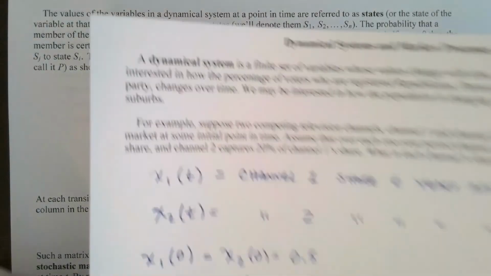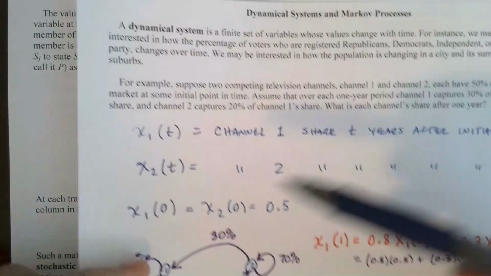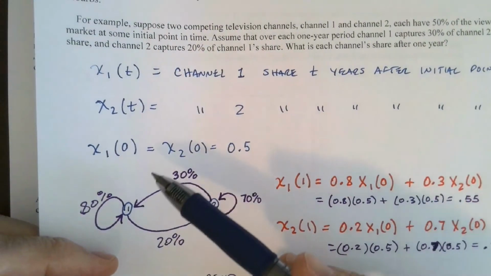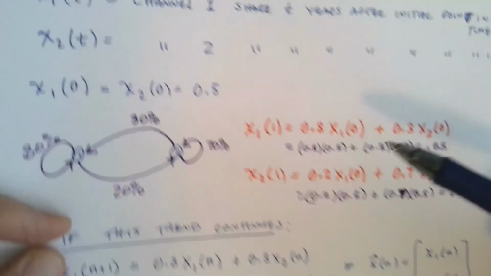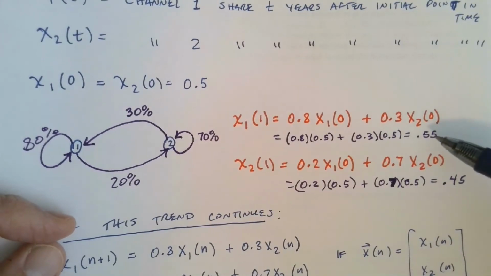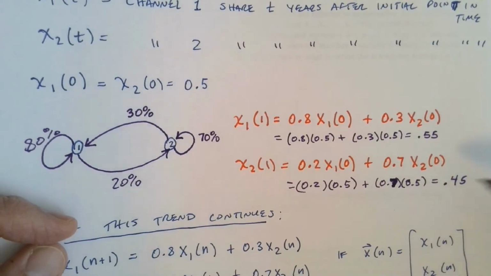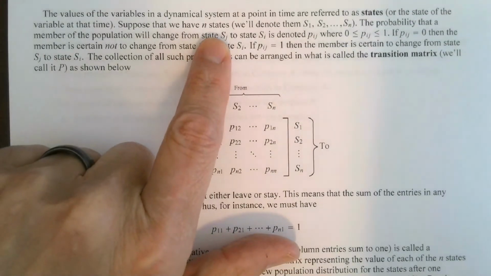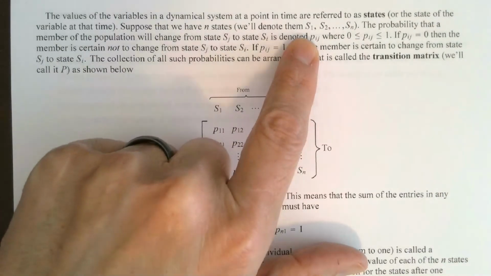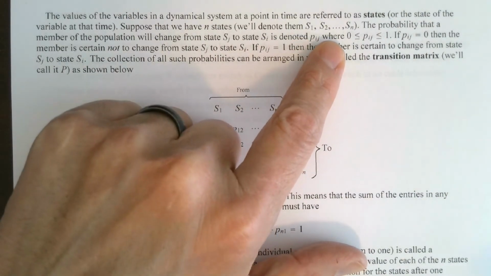The states that we had here were just channel 1 and channel 2, and the initial state had 50% for each one. After 1 year, the states were 55% for x1, 45% for x2. So these are the states. If we have n states, we'll denote them s subscript 1 to s subscript n. We only had 2 states here, but we will say in general n states.